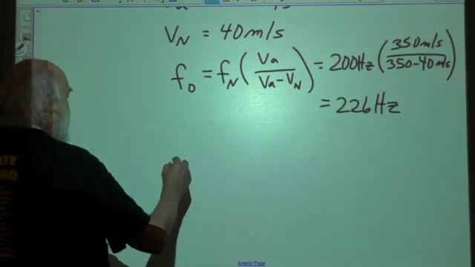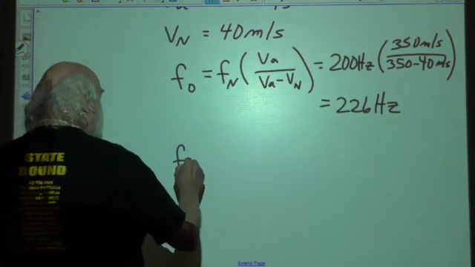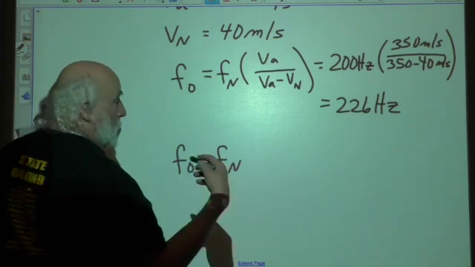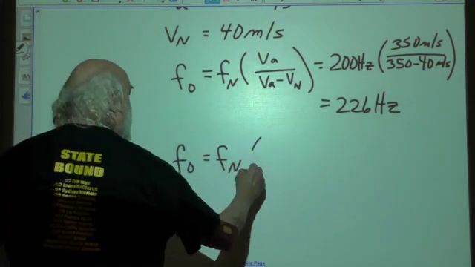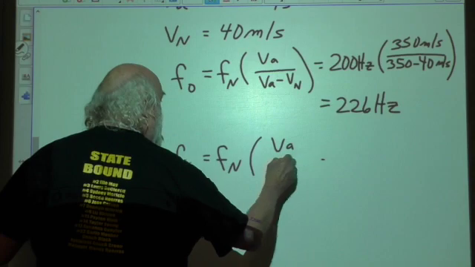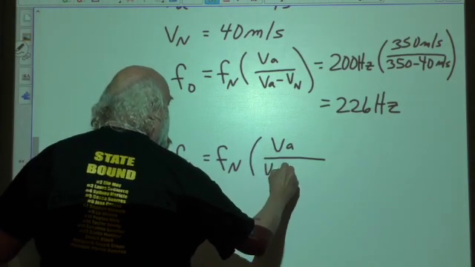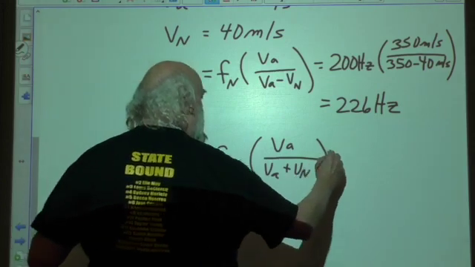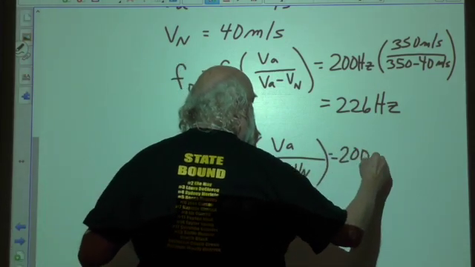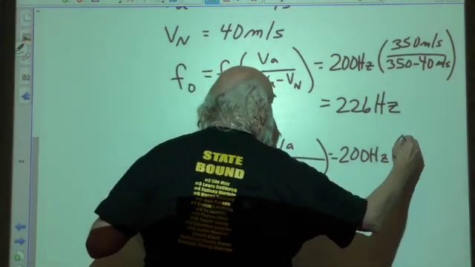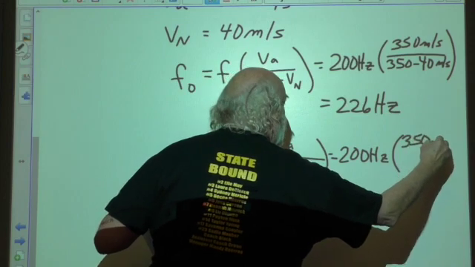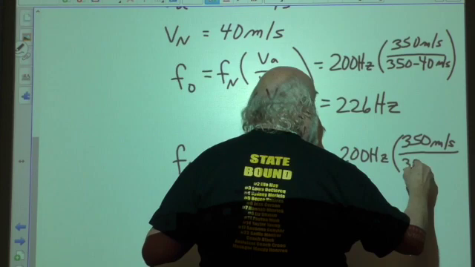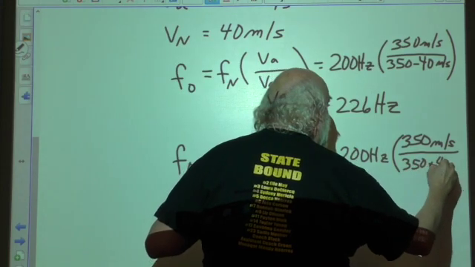That scenario is going to be the same formula, only now the denominator, instead of subtracting, is going to be adding. So v_A over v_A plus v_N. So that becomes 200 hertz times 350 meters per second over 350 plus 40 meters per second.